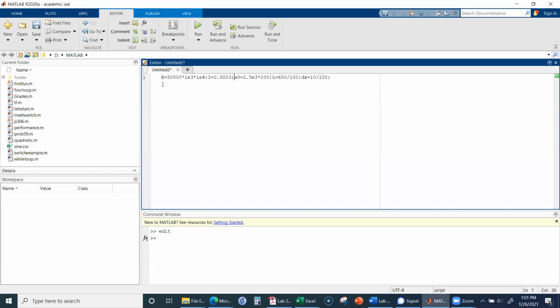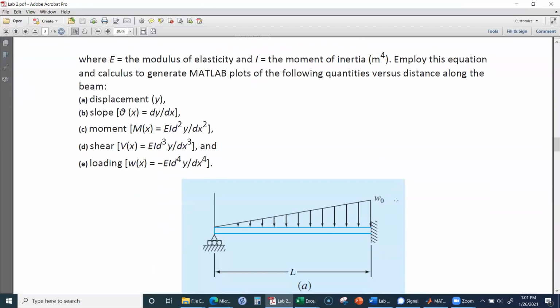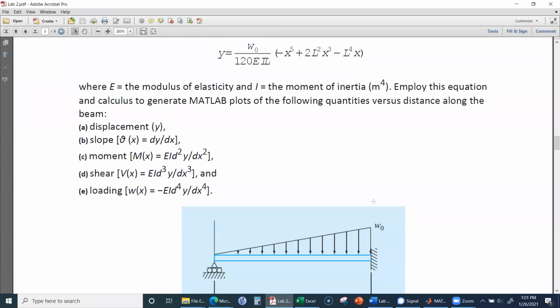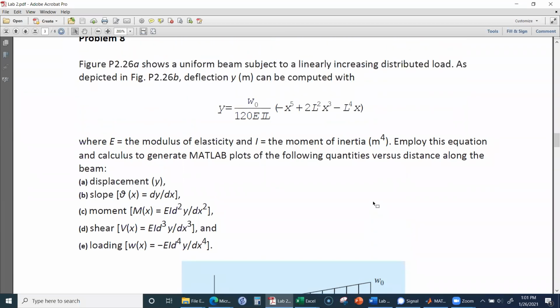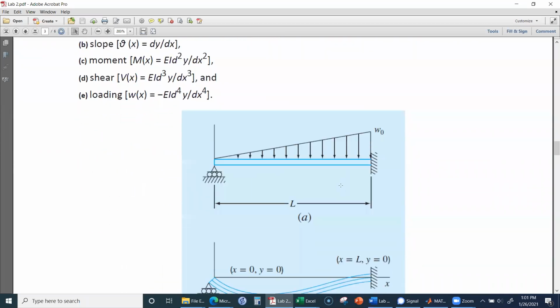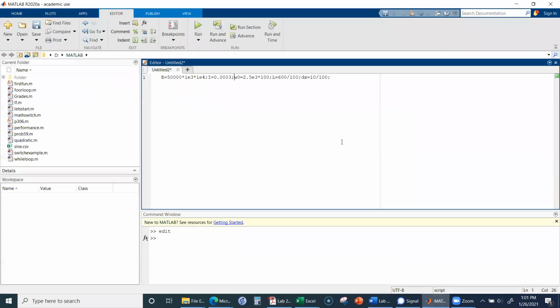And W naught was the uniformly varying load, W naught was here. It was this load, okay? W naught was also given in this problem, okay? And L is equal to, the length is given 600 divided by 100. And then dx is equal to 10 divided by 100.